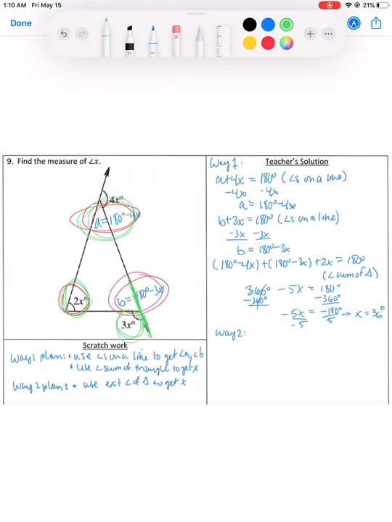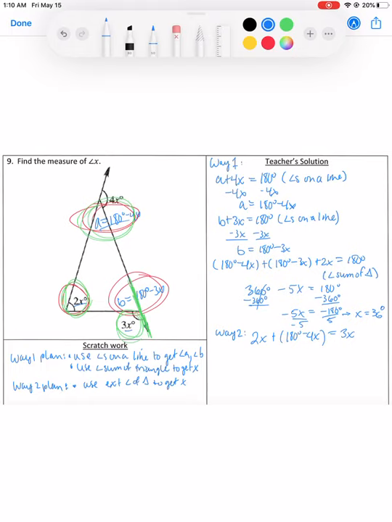So I'm going to add these two together, 2x and 180 minus 4x, and set equal to 3x. So 2x plus 180 degrees minus 4x equals 3x.